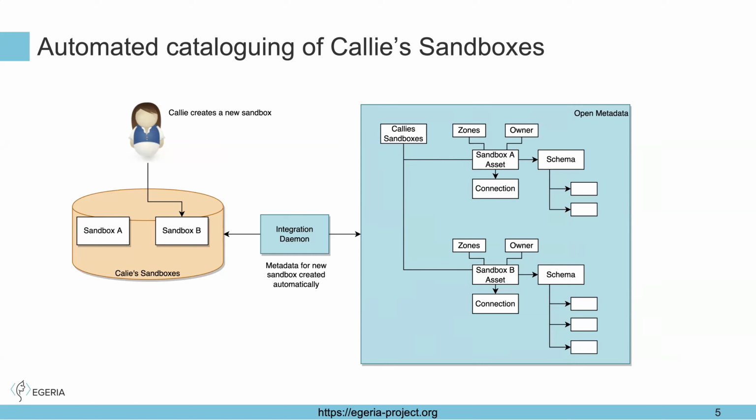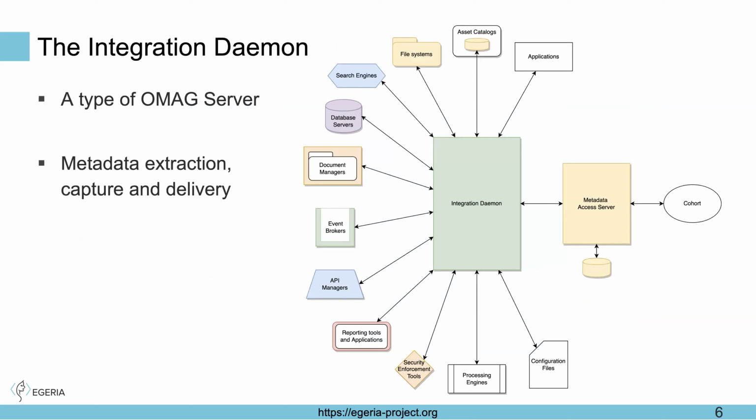And we take that idea and we say, well, it's not just for databases and data sets, but really any part of the digital landscape should be something we can automatically catalog.